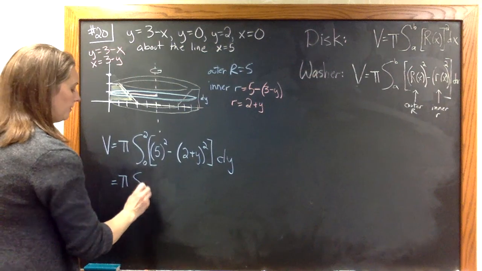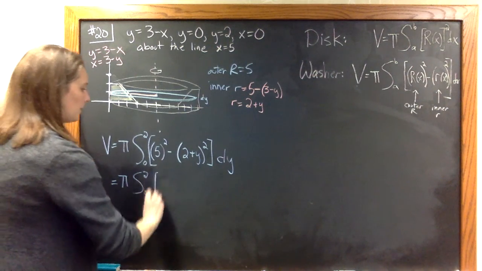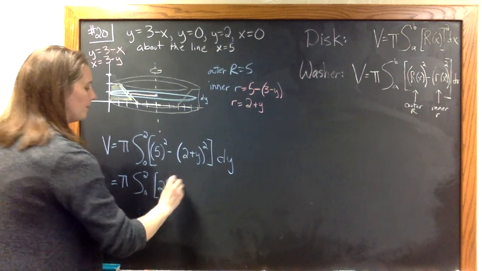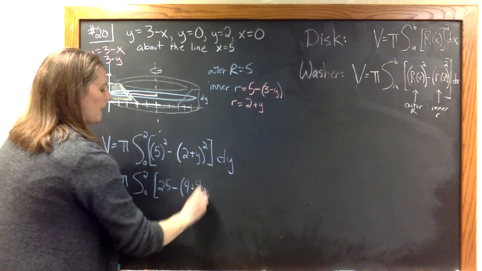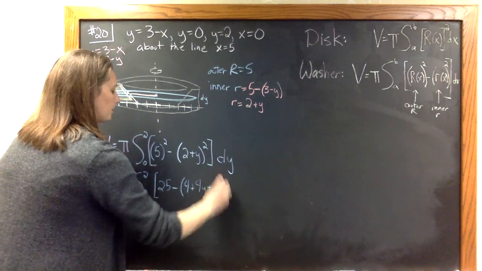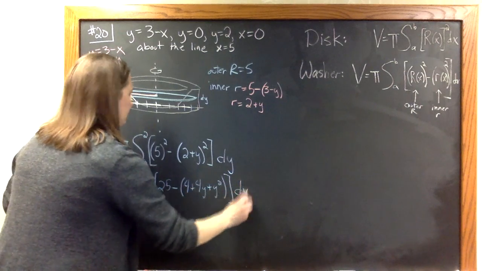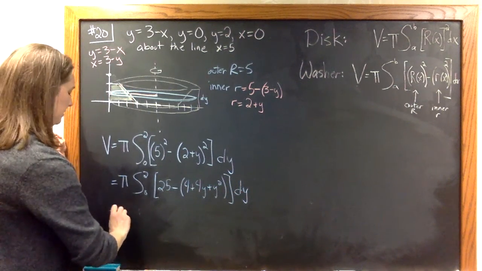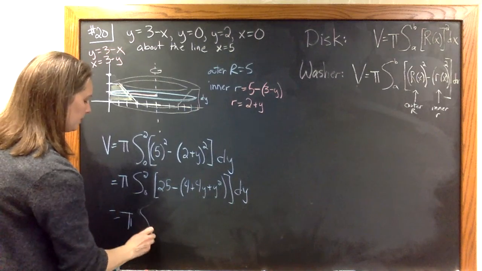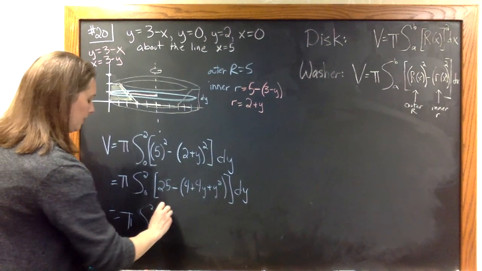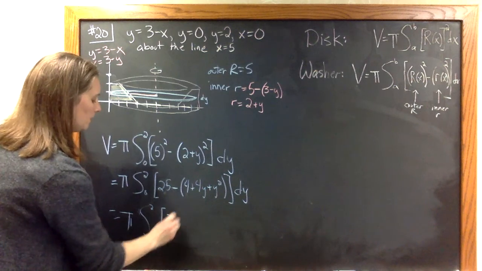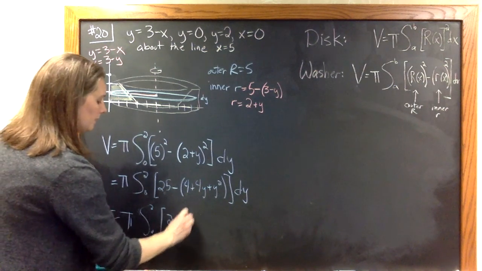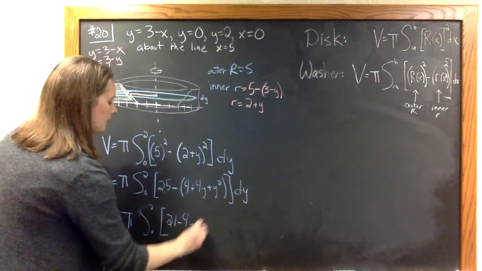All right, so we have 0 to 2. This is going to be 25 minus, we need to FOIL that out, so that's 4 plus 4y plus y squared, which is going to be from 0 to 2 of 25 minus 4 is 21 minus 4y minus y squared.